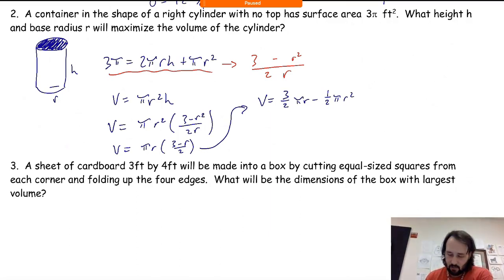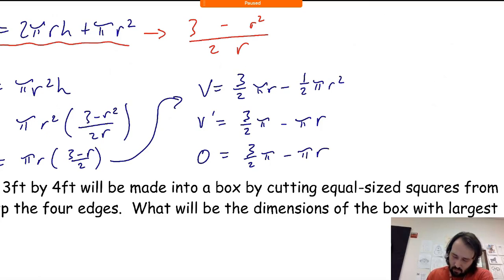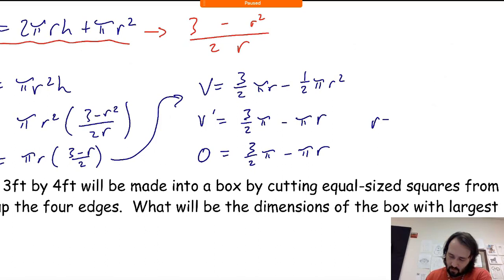Okay. So now I need to find the derivative and find where it is equal to 0. So v prime is 3/2 pi minus pi r. I want to find where this is equal to 0, which would be when r is equal to 3/2.